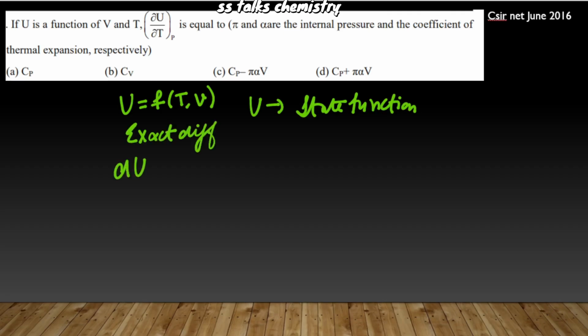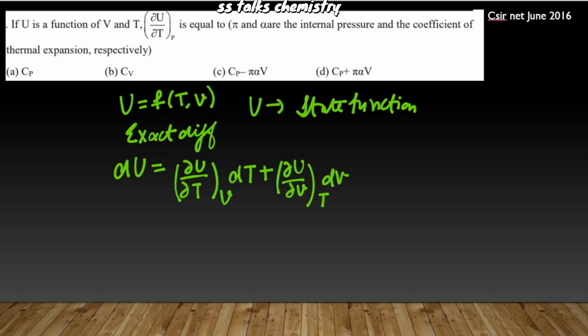So dU is going to be del U by del T at constant volume into dT, plus del U by del V at constant temperature into dV. Like this we can write it.